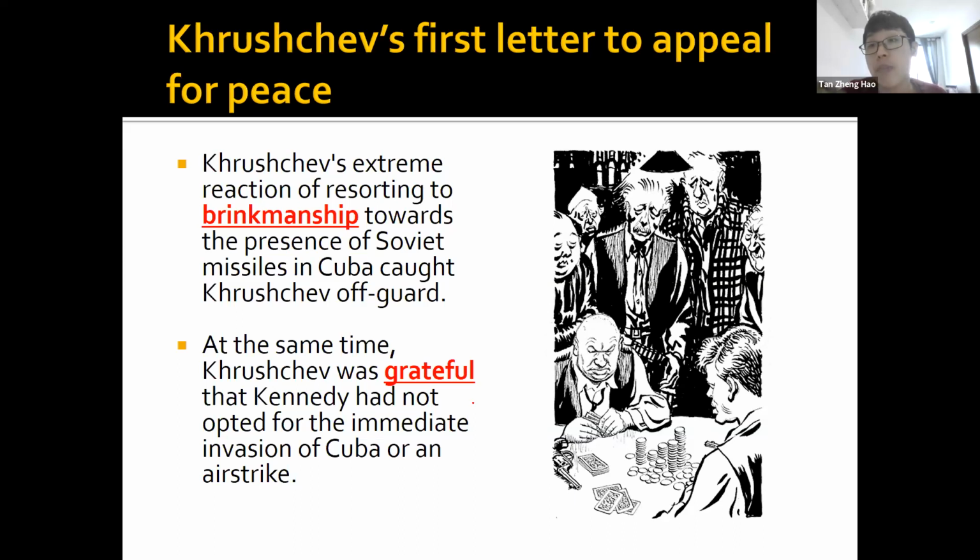Instead of using ships to surround Cuba, he could have bombed Cuba directly. He could have invaded Cuba directly. And if the US did that, it would be very hard for the USSR to not join and save the Cuban allies. So by just surrounding them, it allows Khrushchev to say, I don't need to respond directly. I can find other ways to help Cuba.